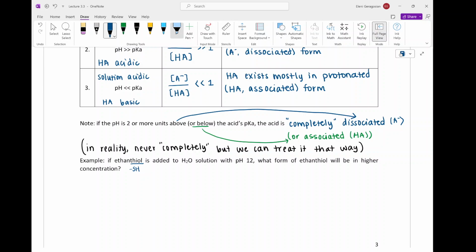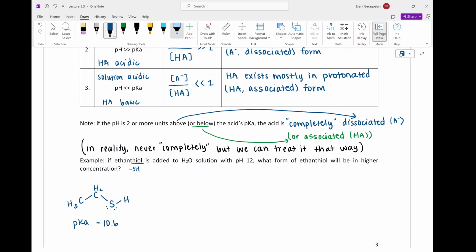So ethane thiol is 2 carbons bonded to a sulfur atom bonded to a hydrogen. Sulfur is 1 row below oxygen, but in the same column. So this is CH3, CH2, SH. Sulfur has 2 pairs of electrons, just like oxygen would. And the pKa of this molecule is 10.6.